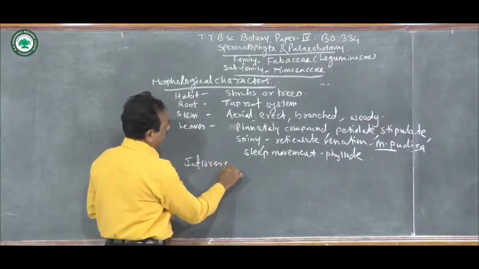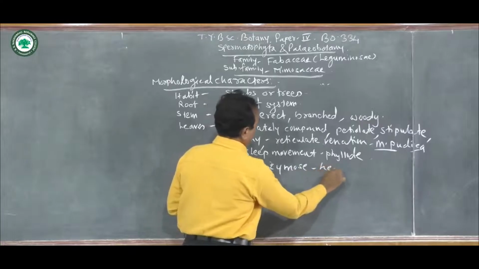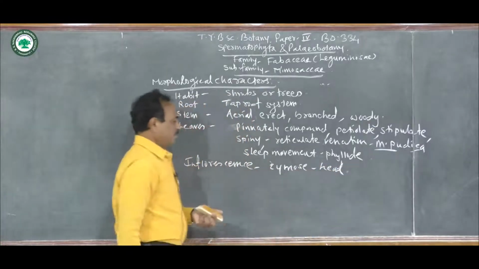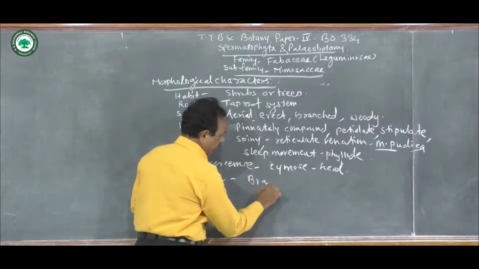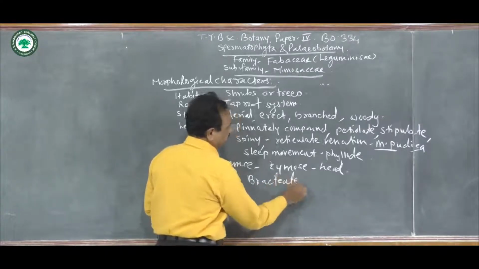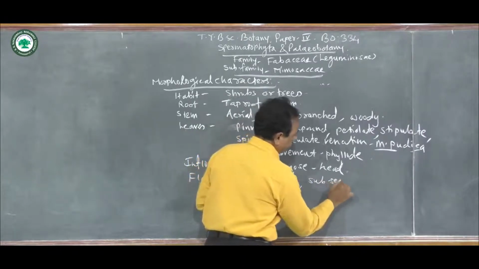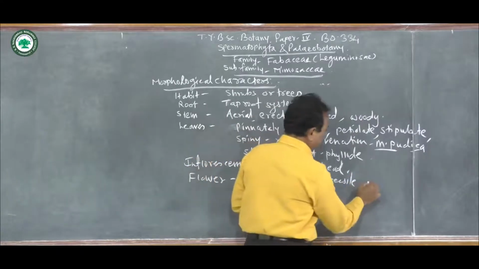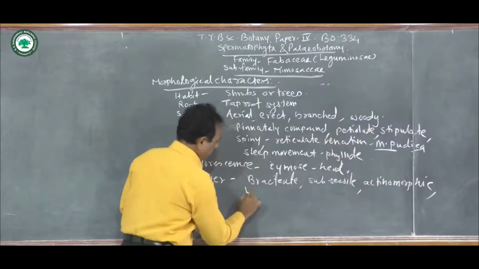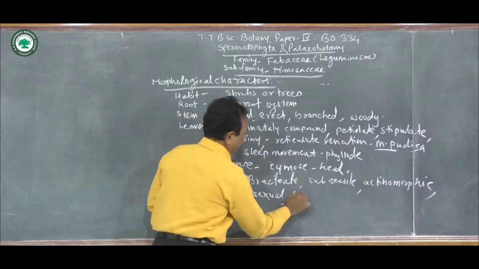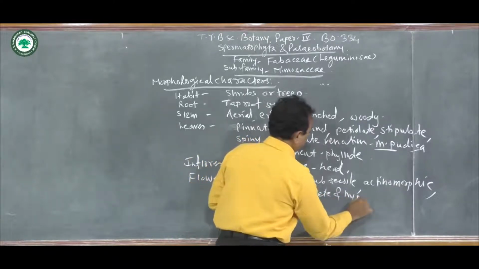If we see the inflorescence, it is the cymose head type. If we see the flower, it is bracteate, sessile or subsessile, actinomorphic, bisexual, complete, and hypogynous.